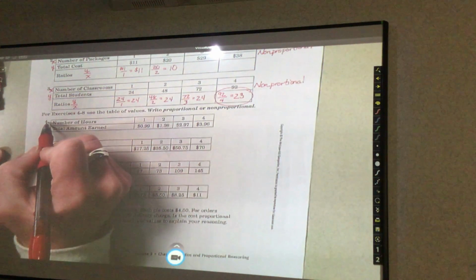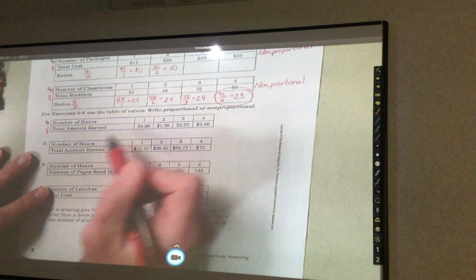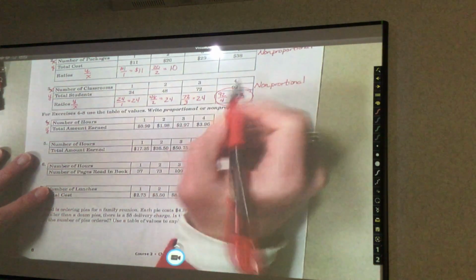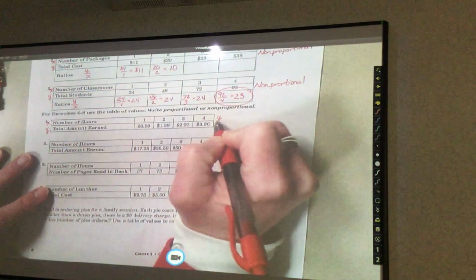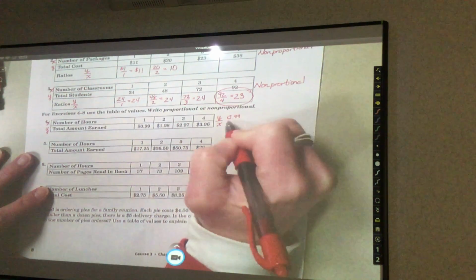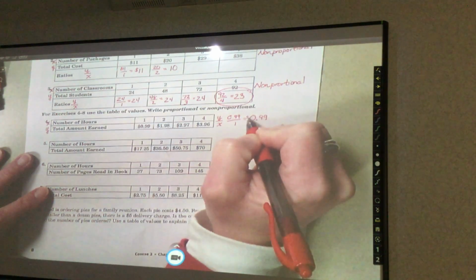So we're gonna have X over Y, because money is always on top. Now this doesn't give us a whole lot of room here, but we're gonna do Y over X. Y is 99 cents over 1, which is 99 cents, right?